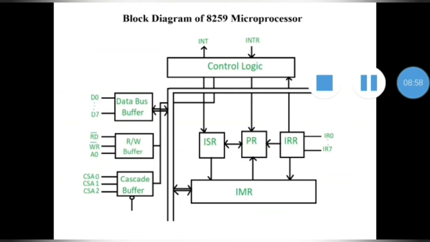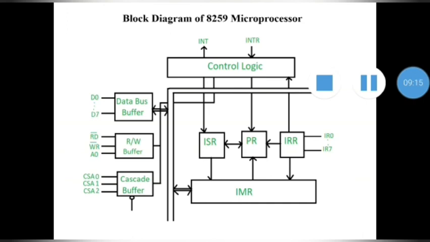Now the last block is the cascaded buffer, and this block stores and compares the IDs of all the 8259 used in your system.